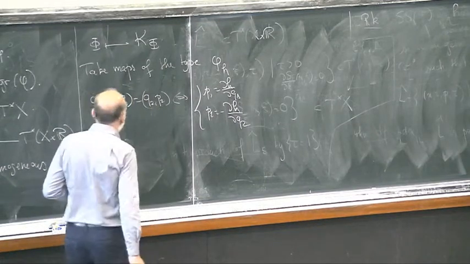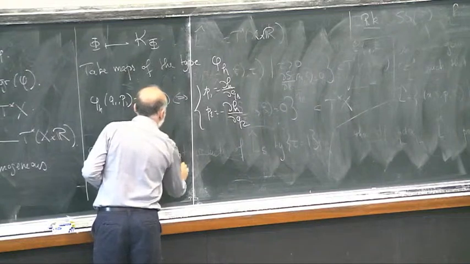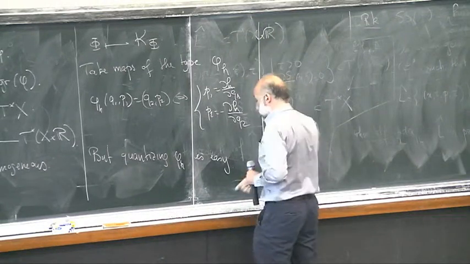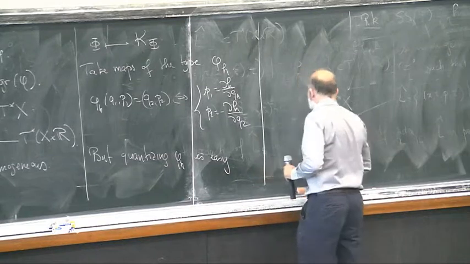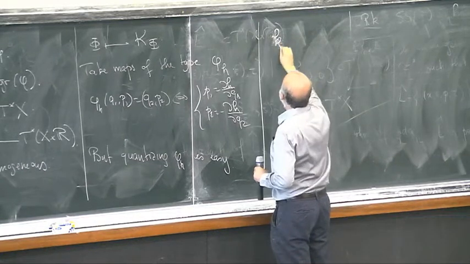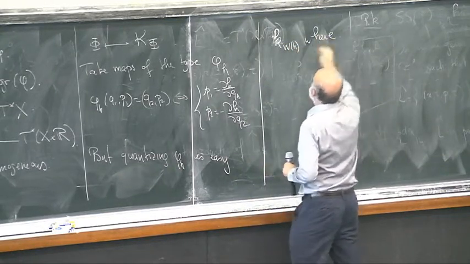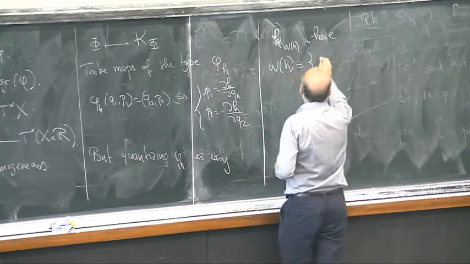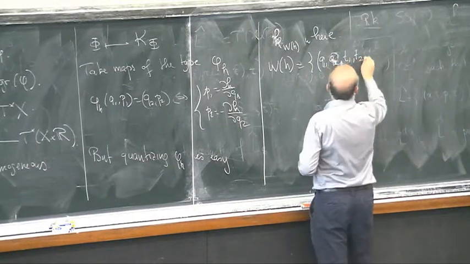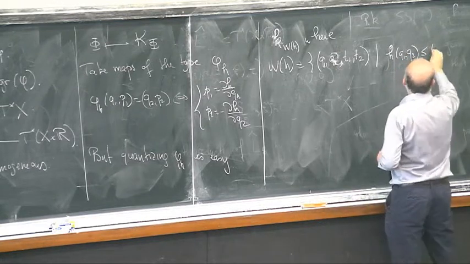And now to quantize phi_H is actually quite easy. Because you can just take the kernel K sub W of H, where W of H is just the set of (Q1, Q2, T1, T2) such that H of (Q1, Q2) is less than T2 minus T1.